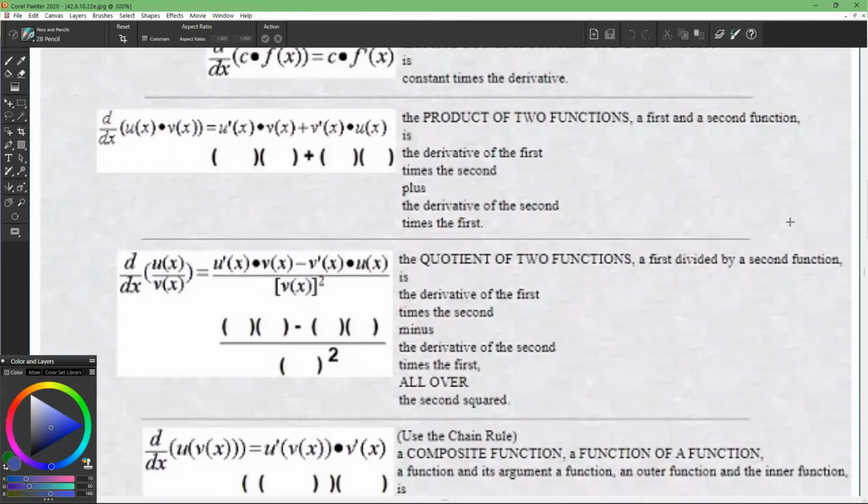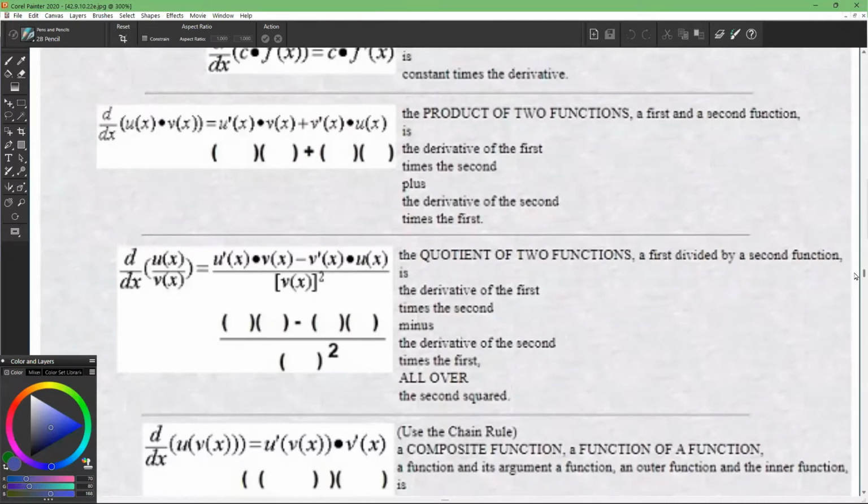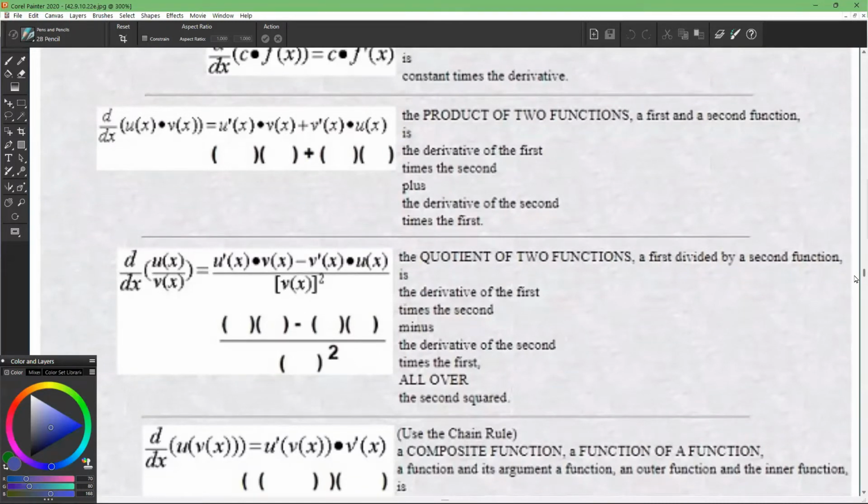All this is downloadable and linked at the site I stated. Here's the product of two functions. The derivative of the product is the derivative of the first times the second plus the derivative of the second times the first. All in English, no symbol speak.